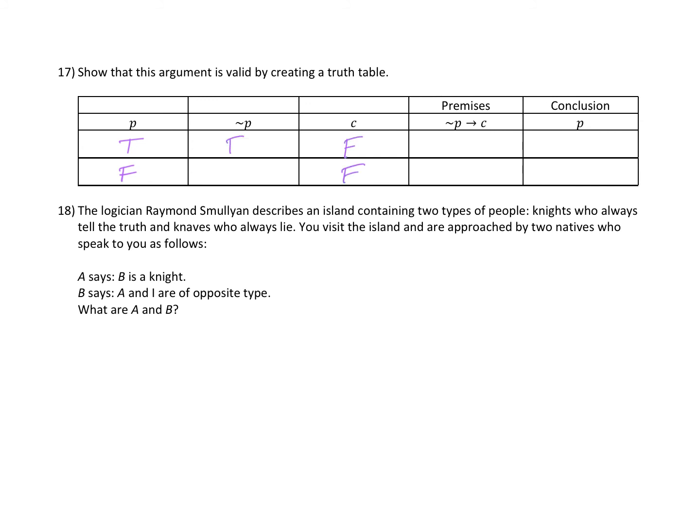Not P would be false and true, and that should be enough to fill in my premise, not P implies C. Remember, the argument we're testing here is not P implies C, therefore P. So that says that if P is not true, then you get a contradiction, therefore P must be true.